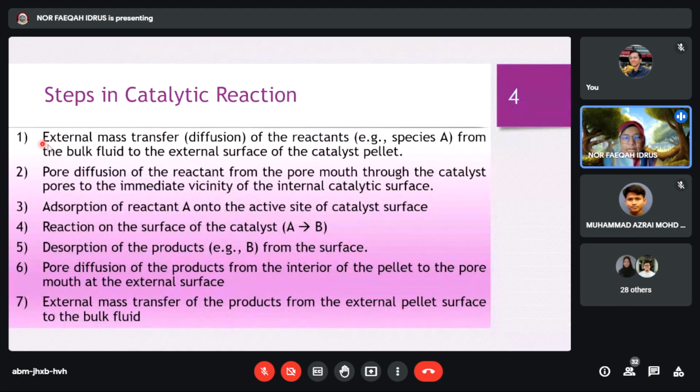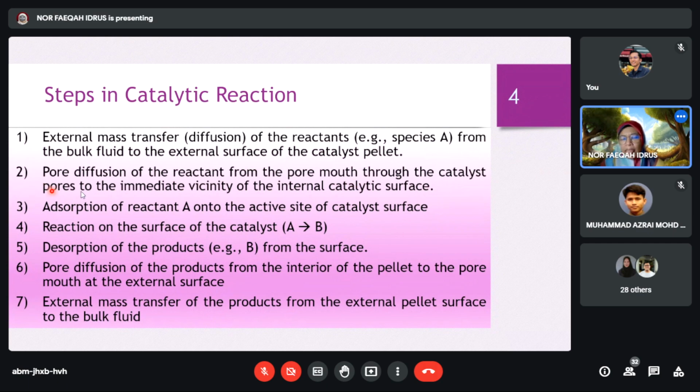Okay, so first, external mass transfer of reactants from the bulk fluid to the external surface of the catalyst pellet. Second, pore diffusion of the reactant from the pore mouth through the catalyst pores to the immediate vicinity of the internal catalytic surface.